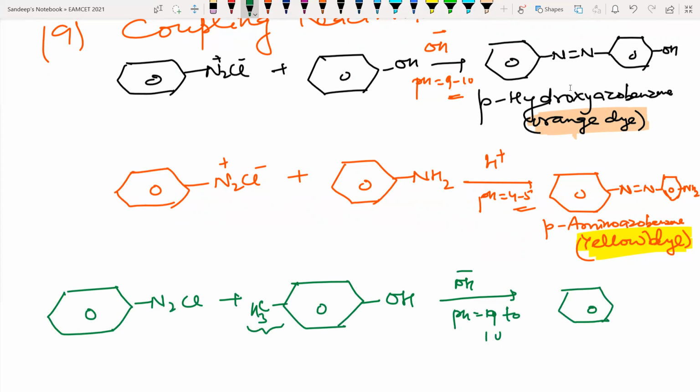The benzene ring has OH and a methyl group, and here the nitrogen double bond and a phenyl group. So this forms 2-phenylazo-4-methylphenol. When the para position is occupied with respect to the activating group, then the available position is ortho where the reaction occurs.